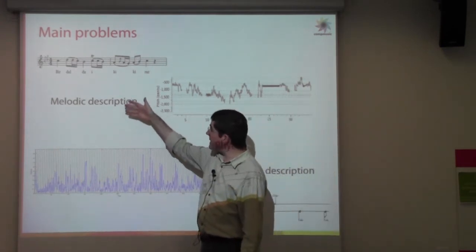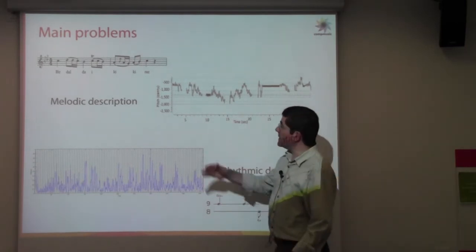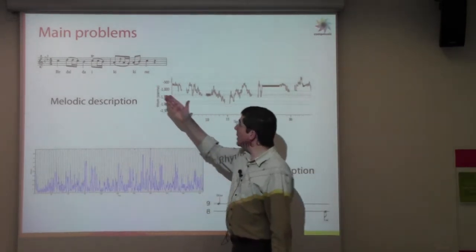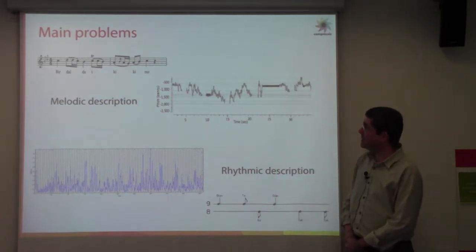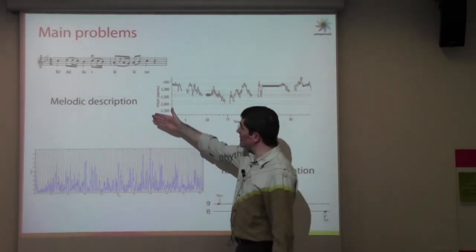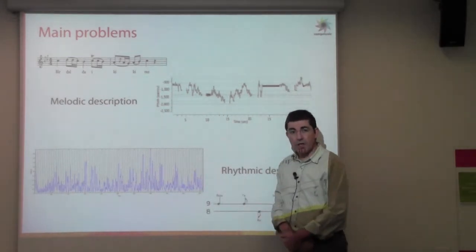The sources of data that we use for this type of analysis are either the symbolic data or the audio and the features that we extract from the audio. Not every tradition has a good symbolic representation that we can start from.